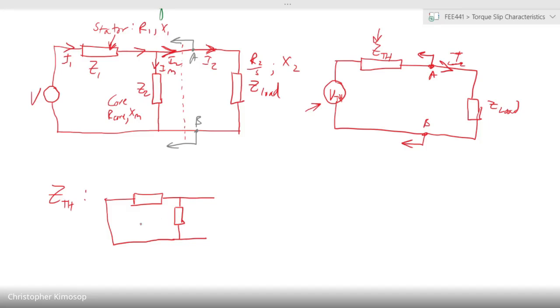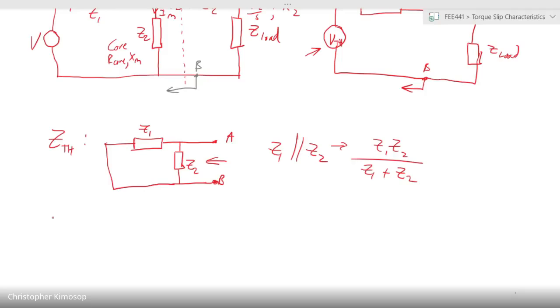You have a Z1 there and a Z2 there, and we want it to be equivalent to whatever is seen from point A and B. From this point, it appears that Z1 is parallel to Z2, which is given by the product rule, Z1 Z2 over Z1 plus Z2.